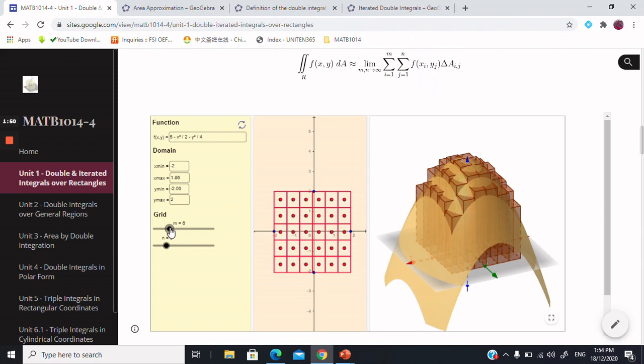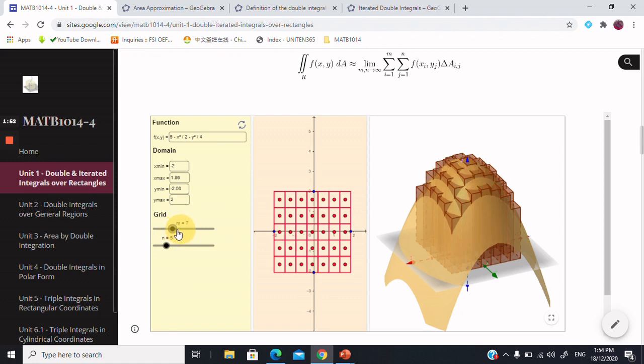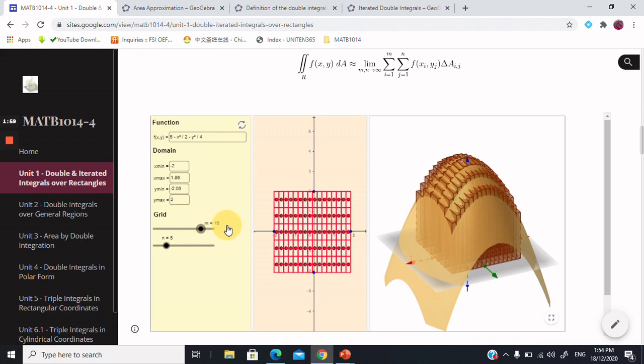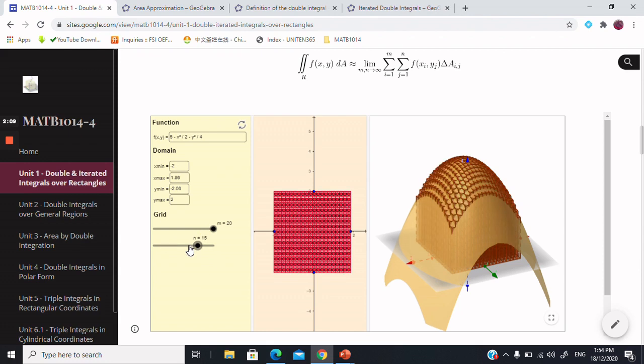The greater number of cuboids, the smaller size of cuboids, and the approximation becomes more accurate. When m and n go to infinity, the approximation turns into double integral.